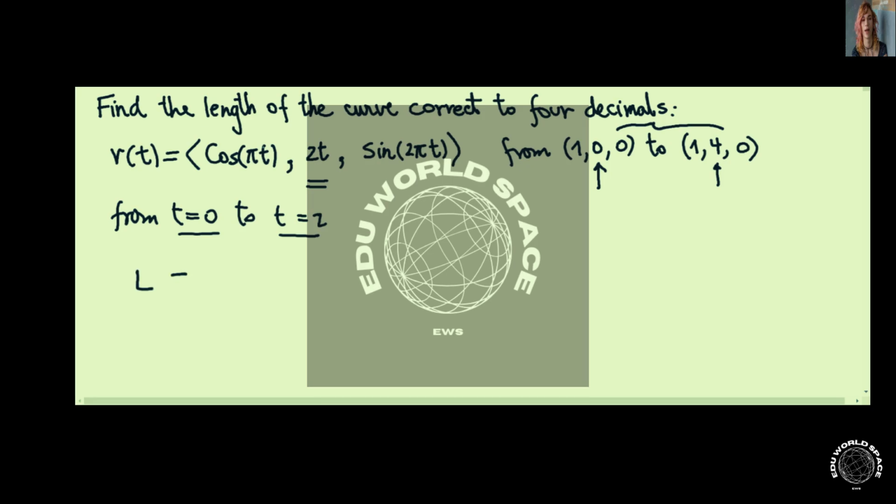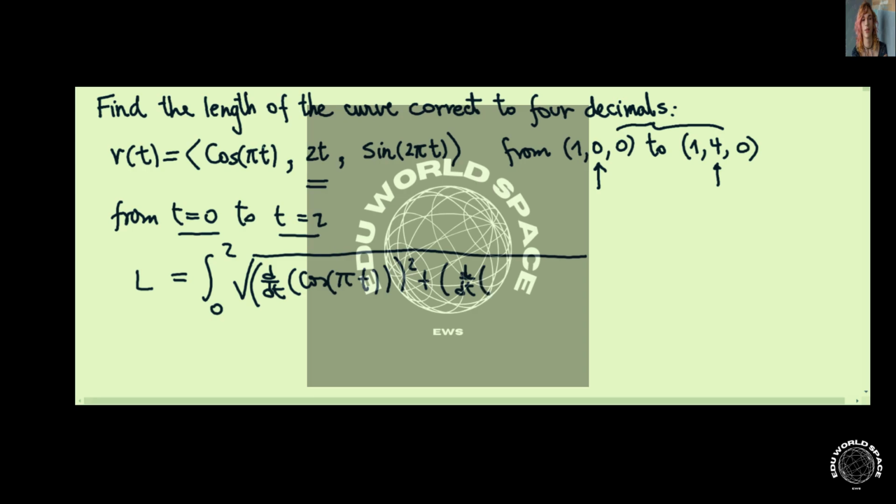So the length is given by the integral from 0 to 2, which is the variation of parameter t, of the square root of the derivative with respect to t of the first component, cosine of pi t, squared, plus the derivative with respect to t of the second component, 2t, squared, plus the derivative of its third component, sine of 2 pi t, with respect to t, squared.